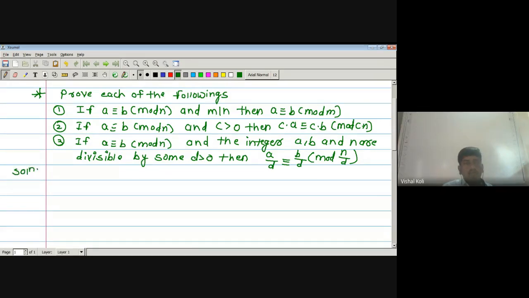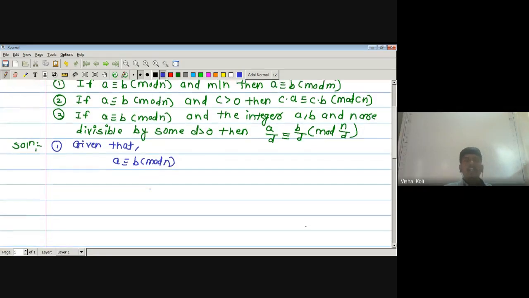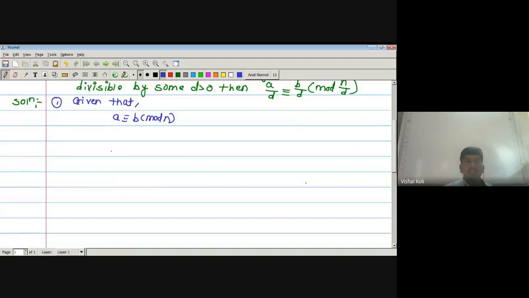Okay, now let us see first one. So given that A is congruent to B modulo n, and by definition of congruence, we know that if A is congruent to B modulo n, then n must divide the difference of these two integers A and B, which implies n divides A minus B, which is from definition of congruence.